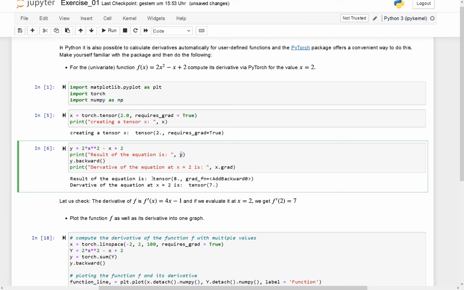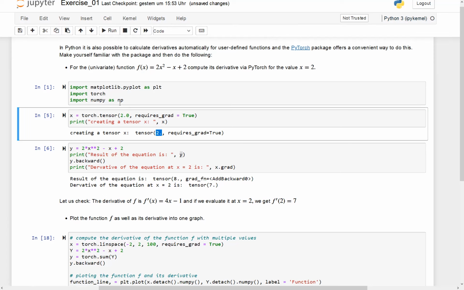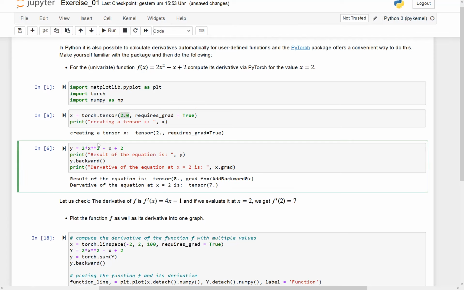So the y is still a tensor, already evaluated at the value 2 which we started with. If you plug in the 2, we get 2 times 2 to the power of 2, it's an 8, minus 2 plus 2 cancels out. It's an 8.